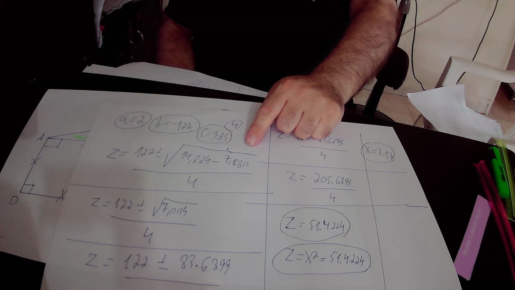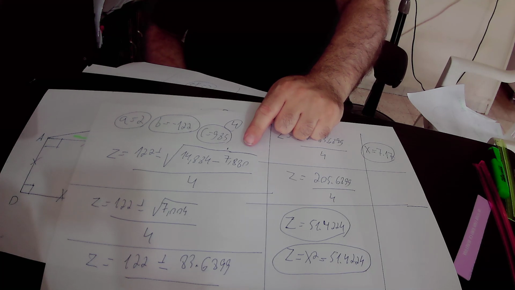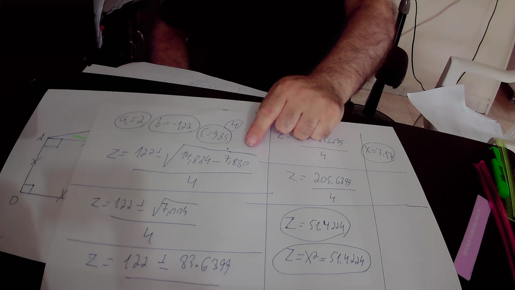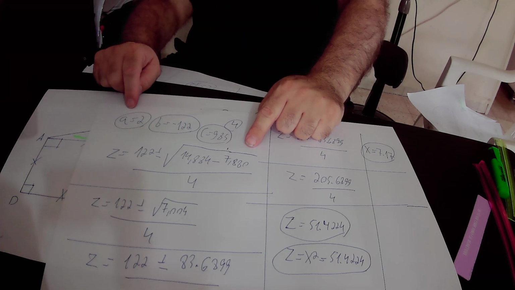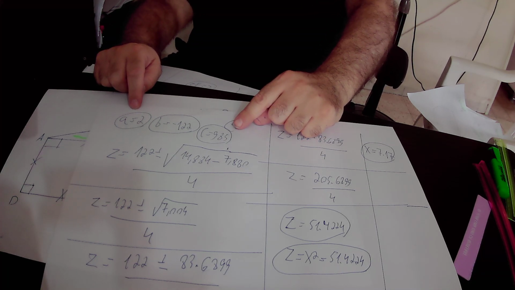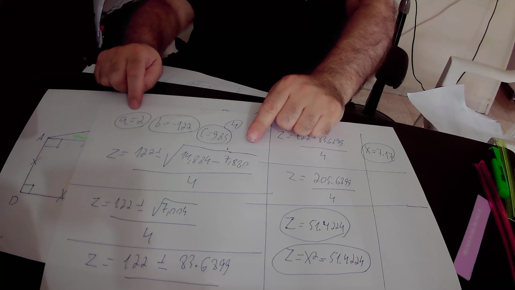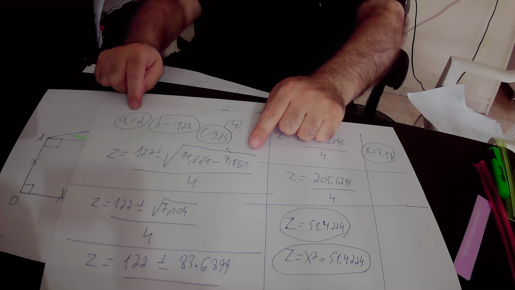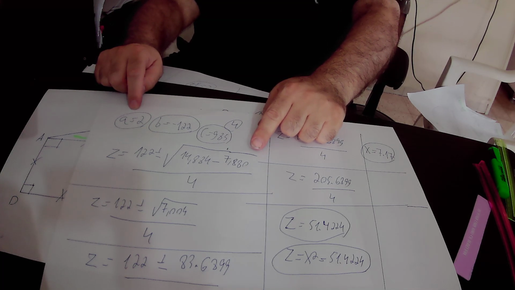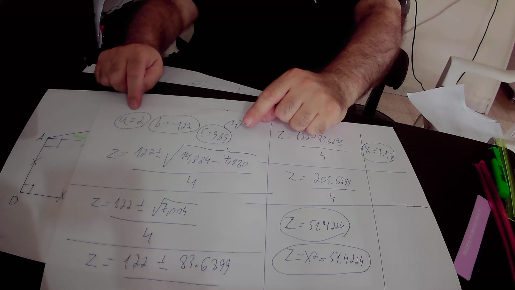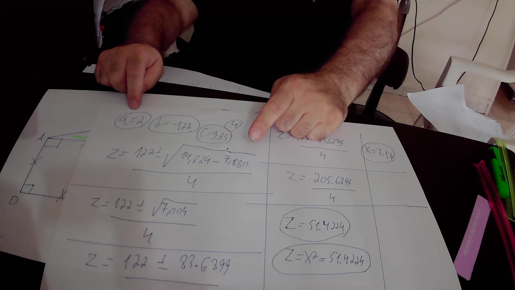The square root of 122 squared, that is 14,884, minus 4 times a, which is 2, so minus 4 times 2 is minus 8, times c is 985, so minus 8 times 985 is 7,880, divided by 2a. A is 2, so 2a is 2 times 2, that is 4.